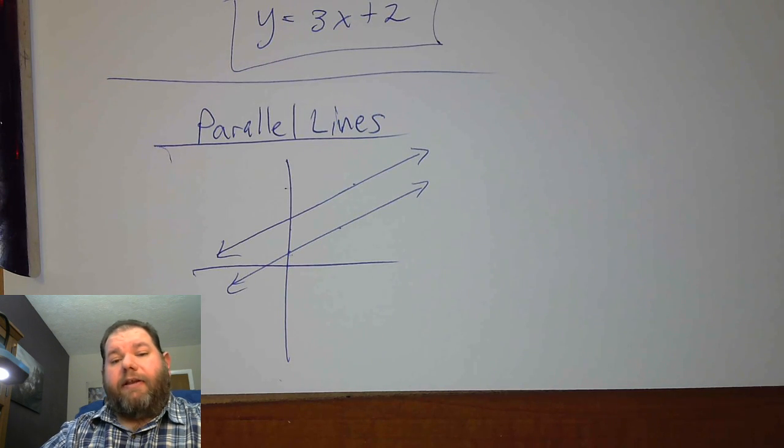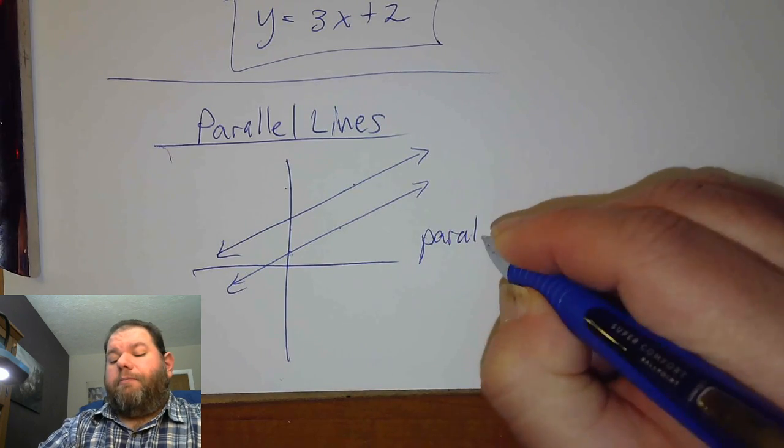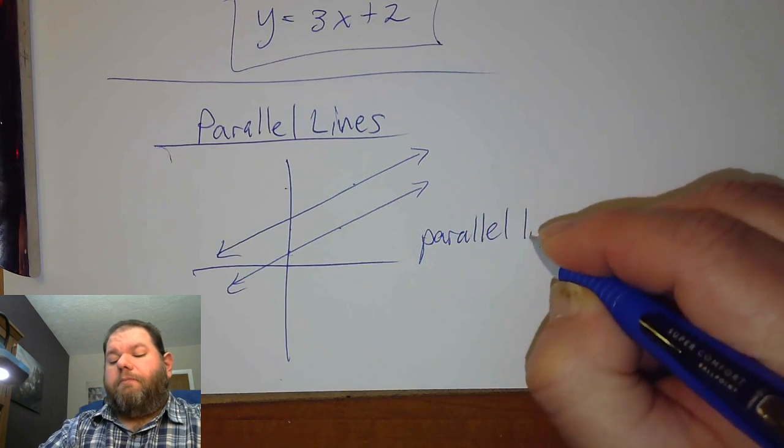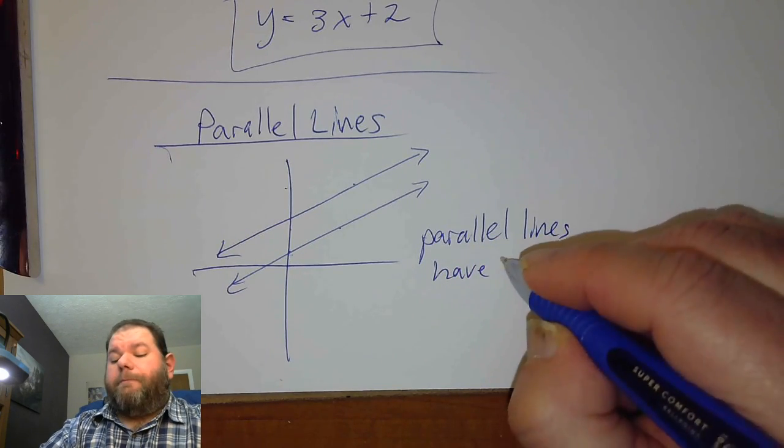They actually have the exact same steepness. So what does it tell us about the value of their slopes? The same. Exactly. Parallel lines have the same slope.